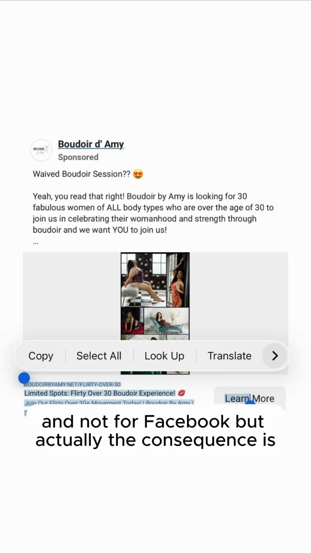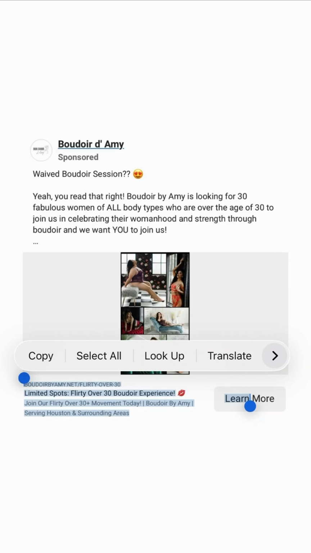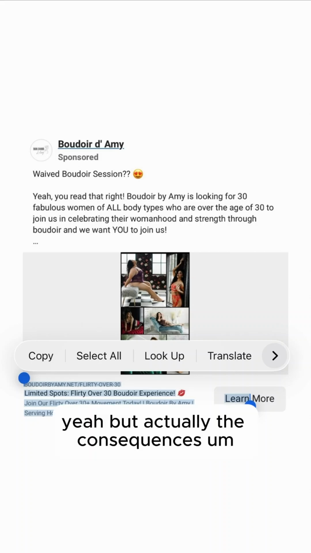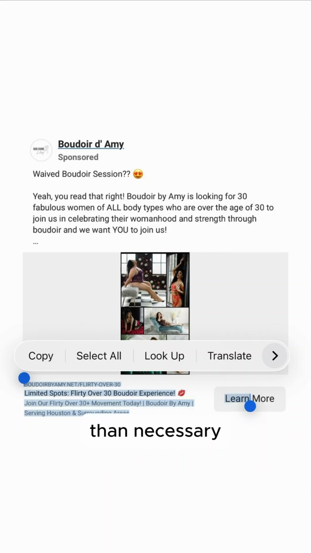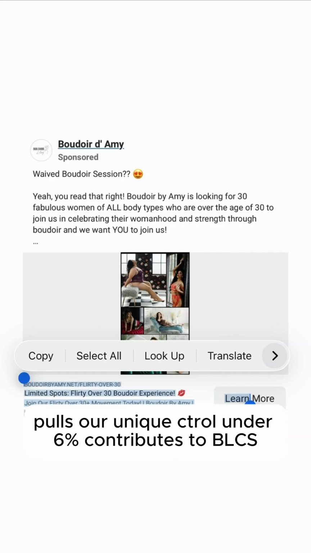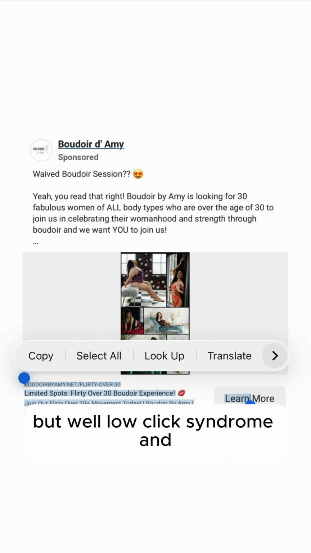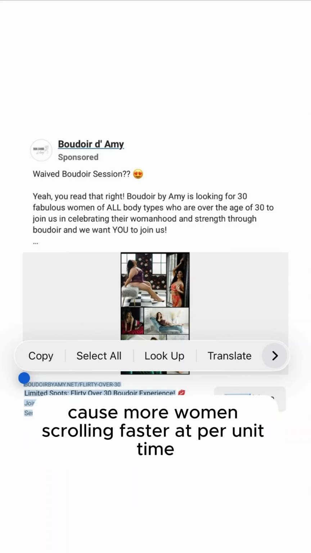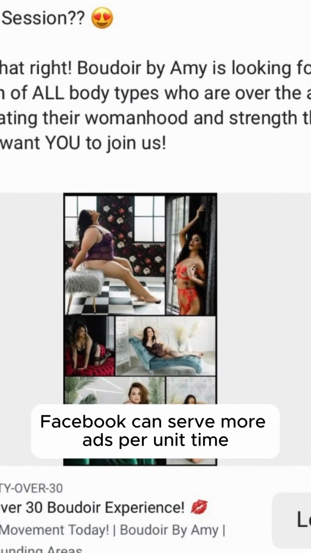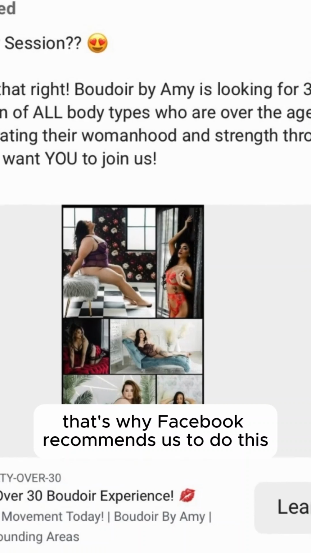But actually the consequence is way more women scrolling by our Boudoir Facebook ad than necessary, which pulls our unique CTR under 6%, contributes to BLCS, Boudoir low click syndrome. And Facebook actually makes more money per unit time from this, because with more women scrolling faster, Facebook can serve more ads per unit time. That's why Facebook recommends us to do this.